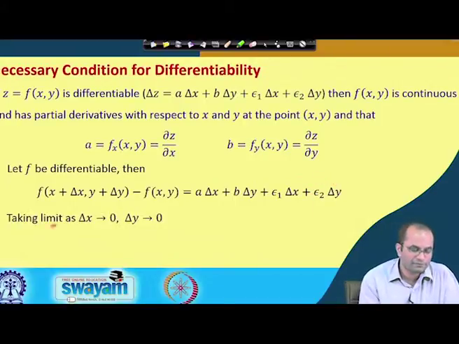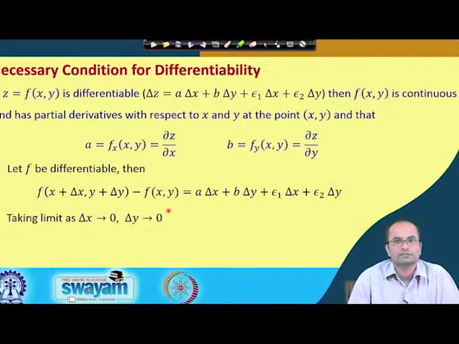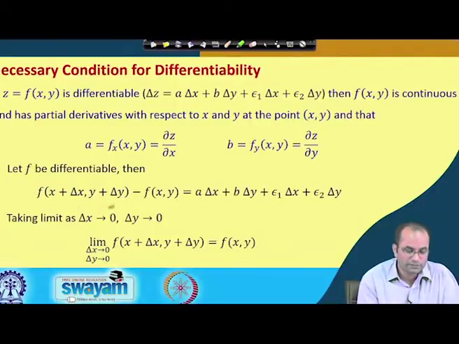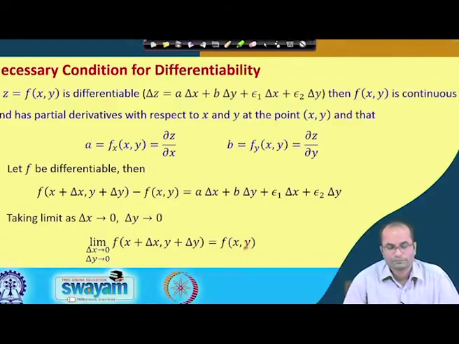So, when we take the limit delta x goes to 0 and delta y goes to 0, we will have that the limit of f(x plus delta x, y plus delta y) is equal to f(x, y).